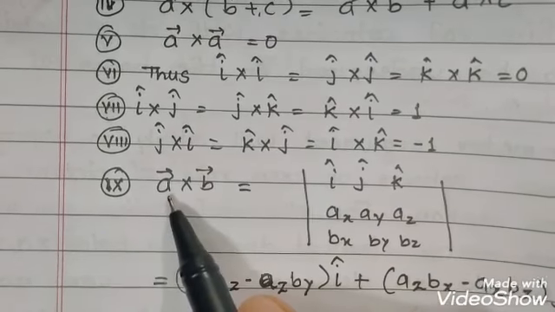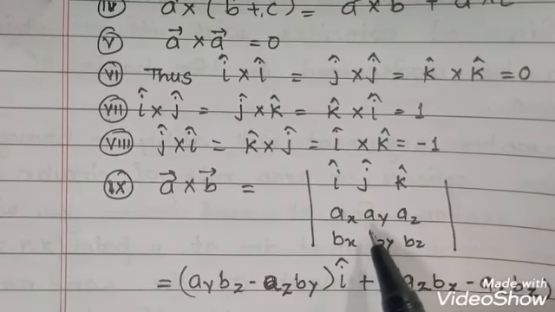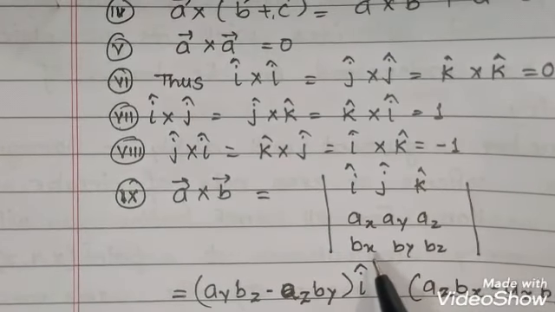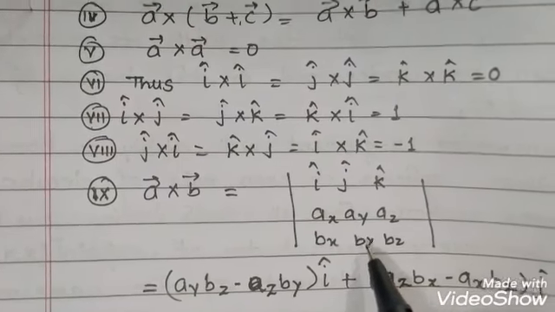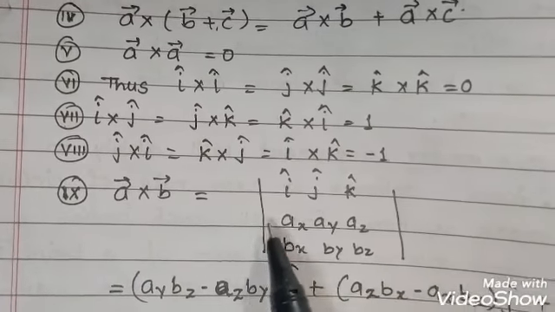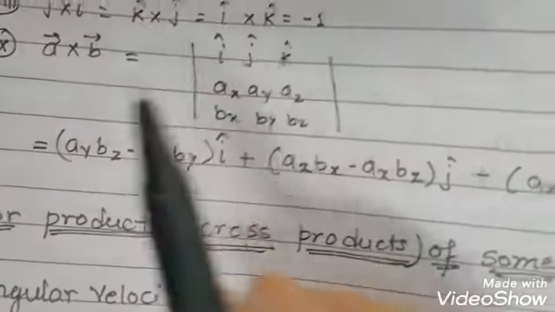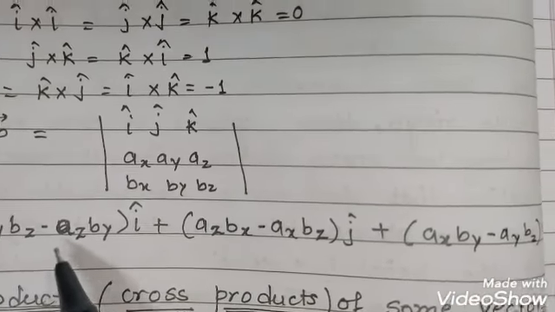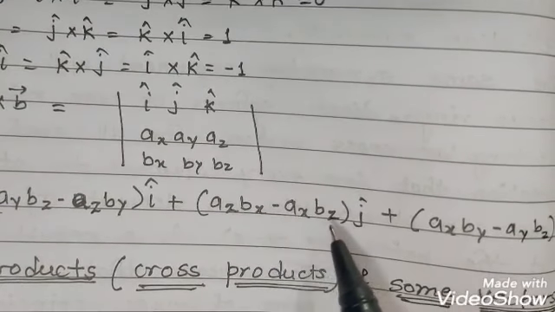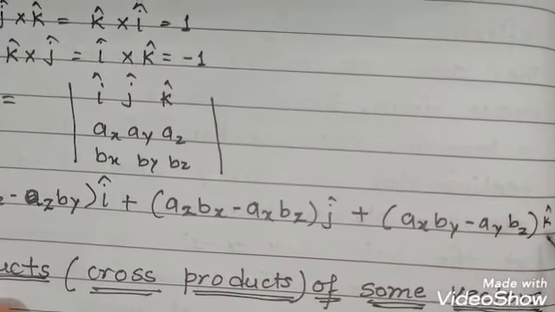If two vectors are represented in 3 dimensions, like a vector as axi plus ayj plus azk, and b vector as bxi plus byj plus bzk, the resultant of these two vectors, a cross b, will be given by the determinant with rows i j k. If we write this in the form of a determinant, the resultant will be (aybz minus azby)i plus (azbx minus axbz)j plus (axby minus aybx)k.